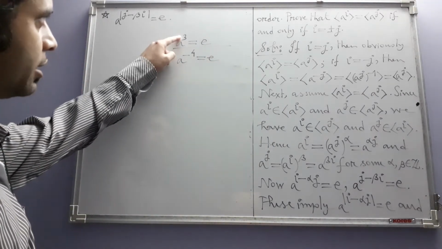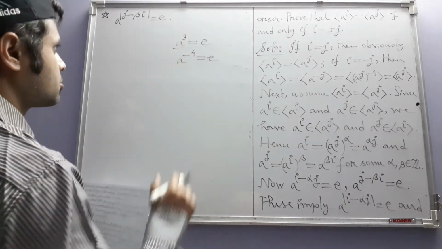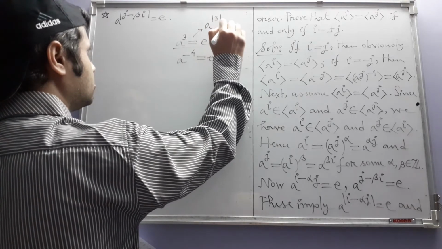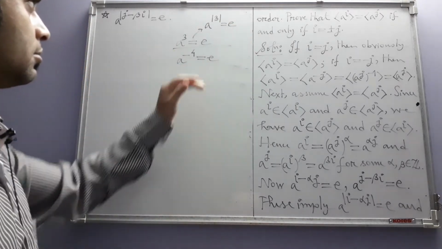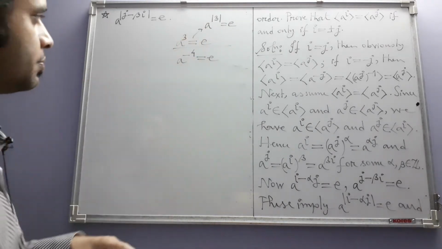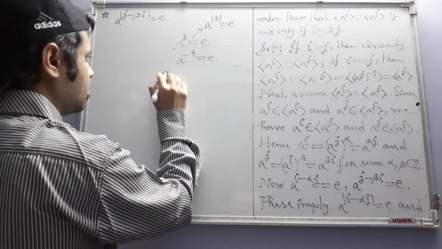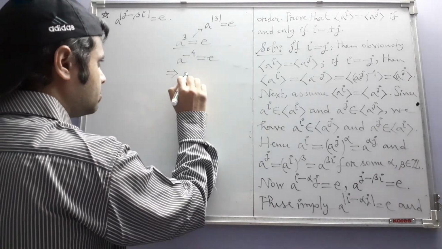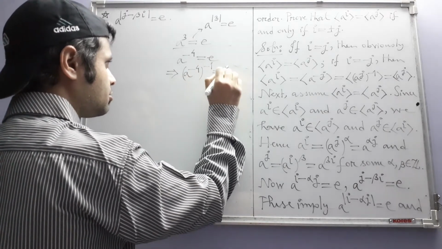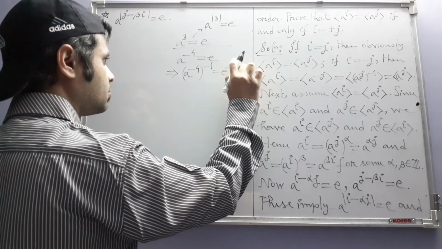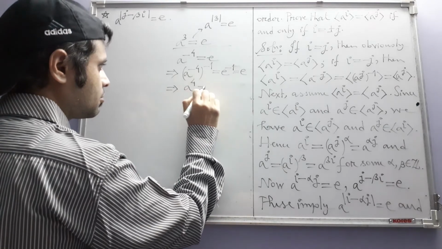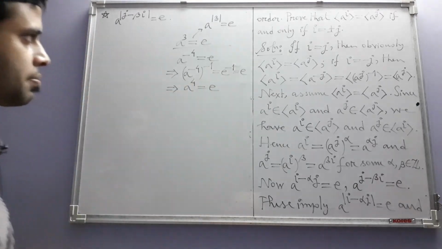In the first case, the exponent is positive, so in its place you can also write this, nothing changes, because this is again 3. Now what about this one? If the exponent is negative, then this is also equal to identity, and by the rules of exponent this becomes this.